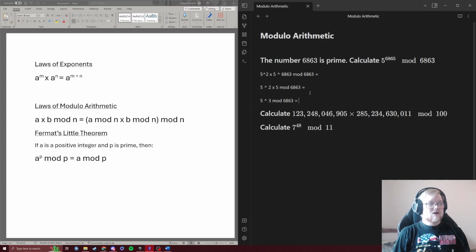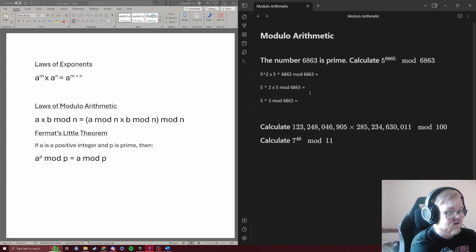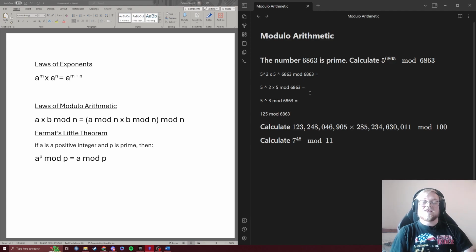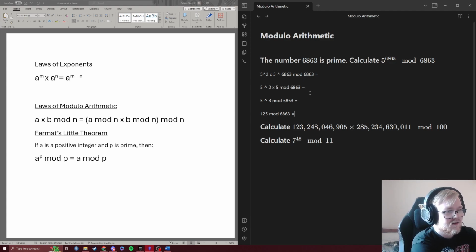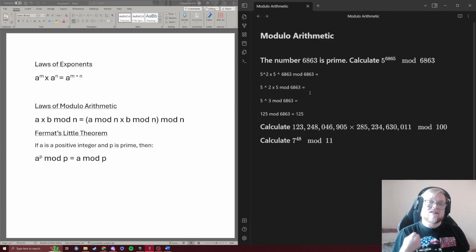And of course, trying to divide 5 to the power of 3, which is 125, by 6,863, the remainder is 125, because you can divide it in there 0 times. So the remainder is 125, and that is the answer.